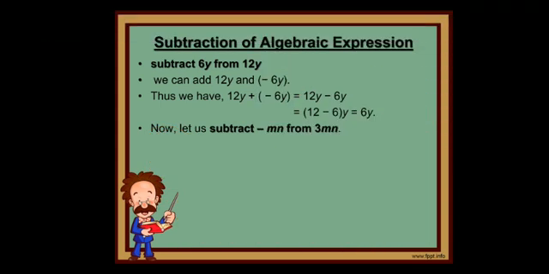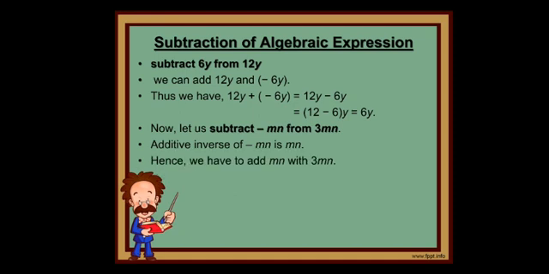So here additive inverse of minus mn is mn. So subtracting minus mn from 3mn is 3mn plus mn, which is adding mn with 3mn. So 3mn plus mn will be equal to 3 plus 1 mn, which is 4mn.